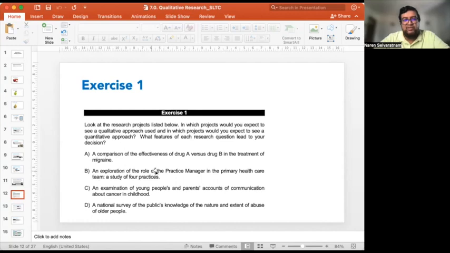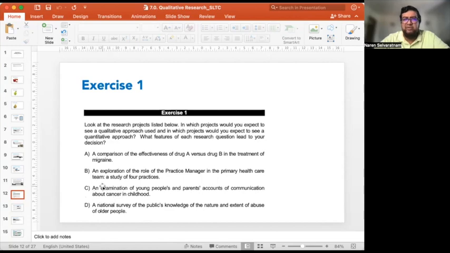Look at this now. An exploration of the role of practice manager in the primary healthcare team, a study of 4 practices. An exploration sounds like qualitative research to me. An examination of young people's and parents' account of communication about cancer in childhood. So, cancer is a very sensitive topic.